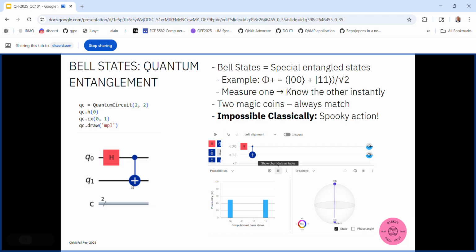Then I apply this controlled NOT from qubit 0 to qubit 1. The controlled NOT still has the same behavior, but we don't know how this is going to work out until we apply a measurement. If we measure this and it comes out 0, so will qubit 1. If we measure this and it comes out 1, so will qubit 1.